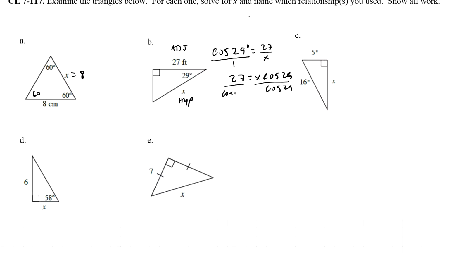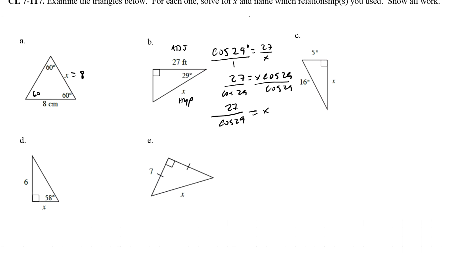Cosine 29. So x is going to equal 27 divided by cosine 29, and so our calculator will give us that.